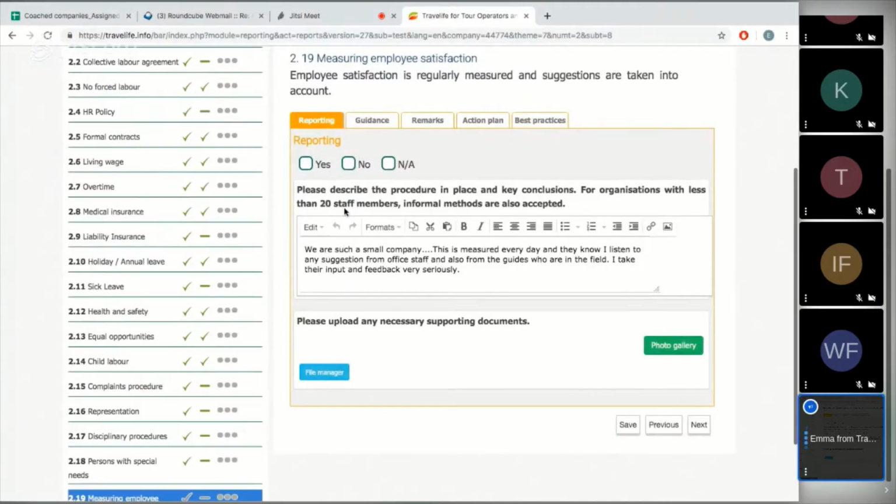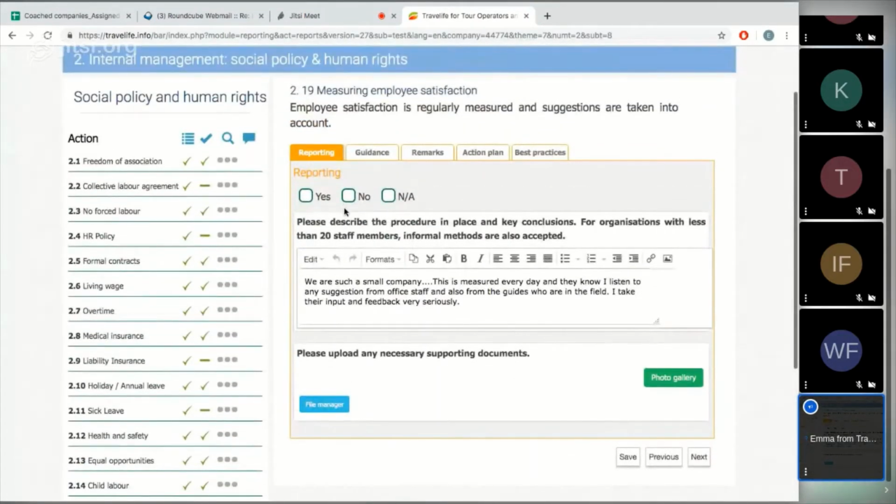Then measuring employee satisfaction. It might be good to measure whether your employees are satisfied, and if this is done on a regular basis, and suggestions are taken into account if employees have suggestions regarding their work. If you have maybe a survey or another method in place to check employee satisfaction, please describe the procedure.